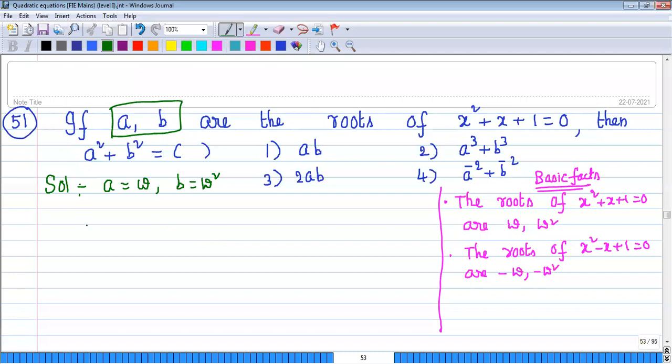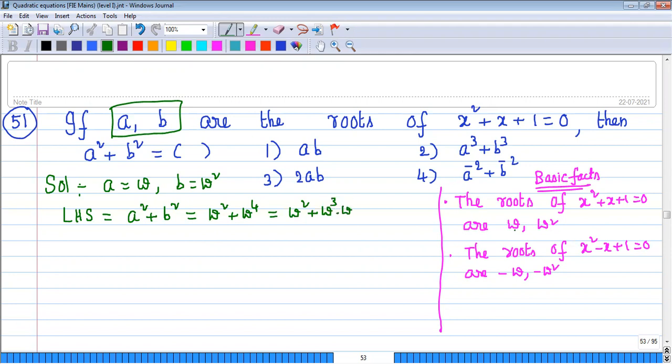So first, a square plus b square, let us find out. That is the left hand side. A square plus b square is omega square plus omega power 4, which is omega square plus omega cube into omega.